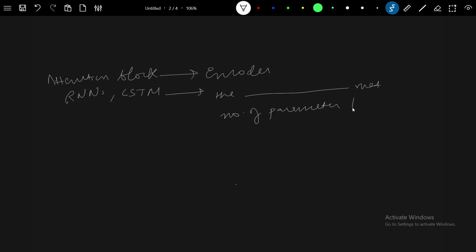That is a problem, because it doesn't find the relationship between the tokens directly. It tries to analyze the whole sentence. But that's not the case with the transformer network.